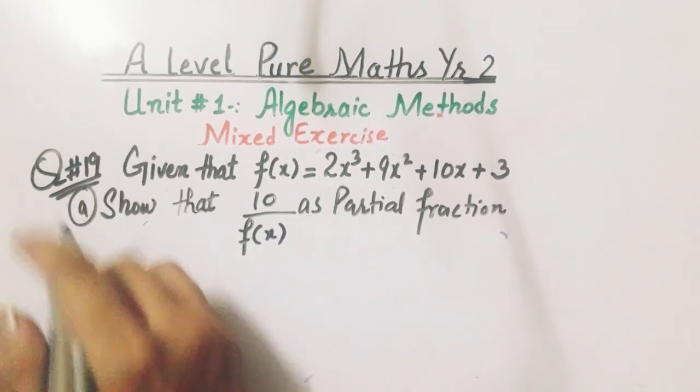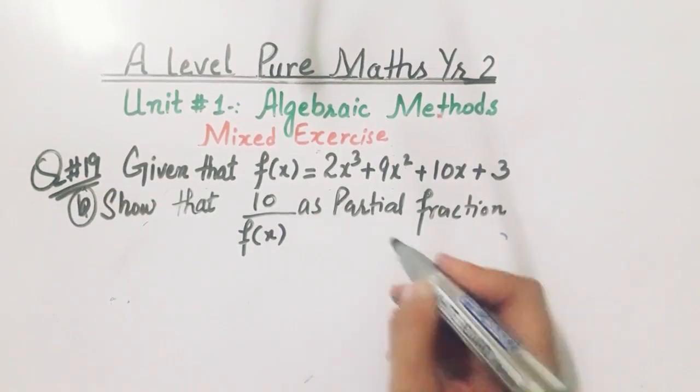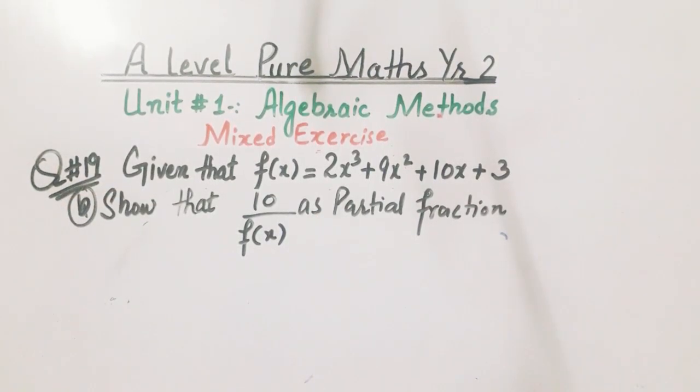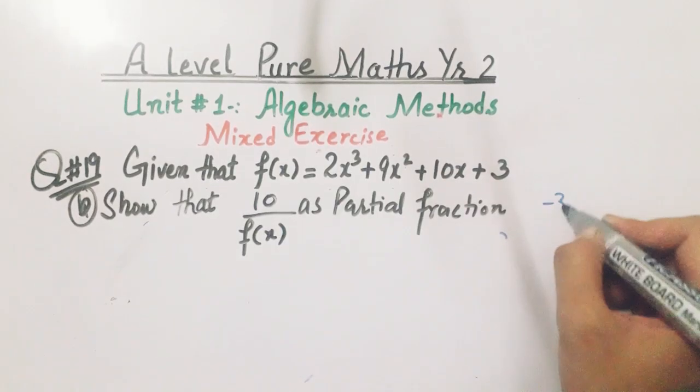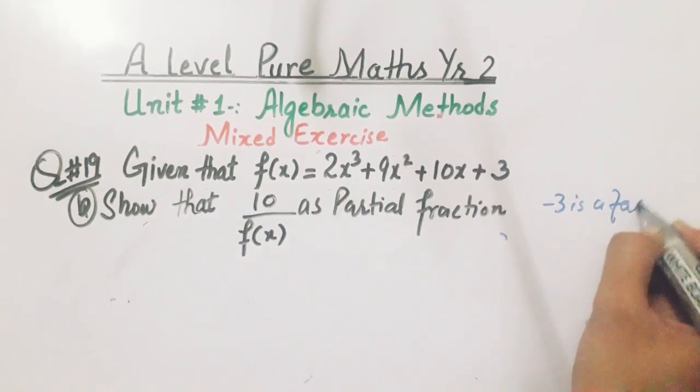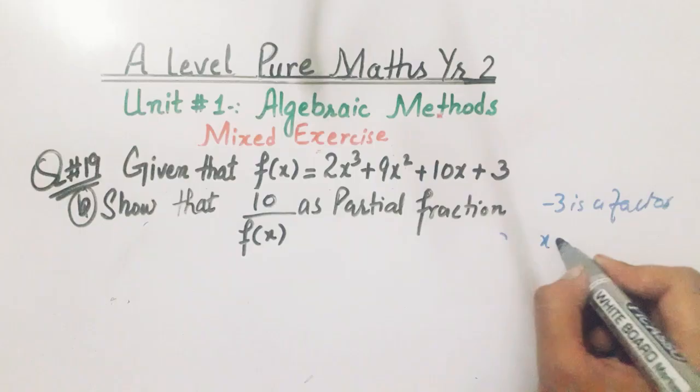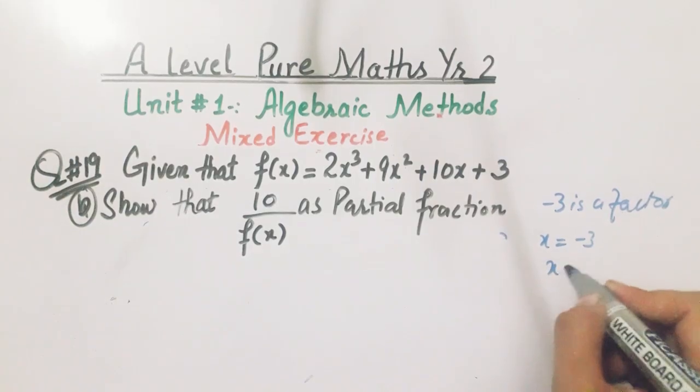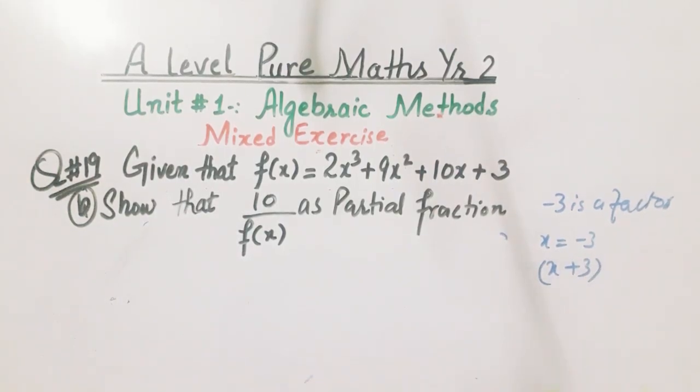Now in the B part you have to show 10 over f of x as partial fractions. Since you know that minus 3 is a factor from the A part, it means x equals minus 3 is a factor. So x plus 3 is a factor of this.